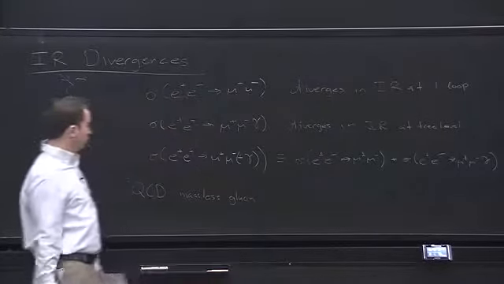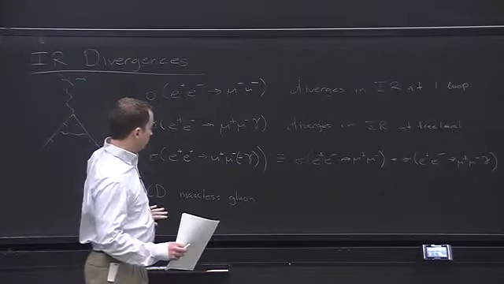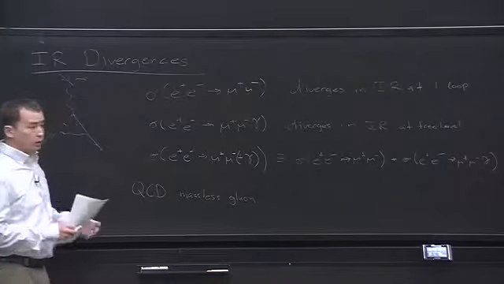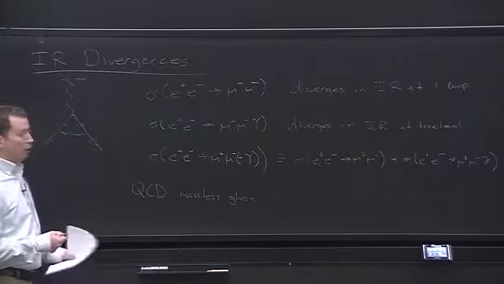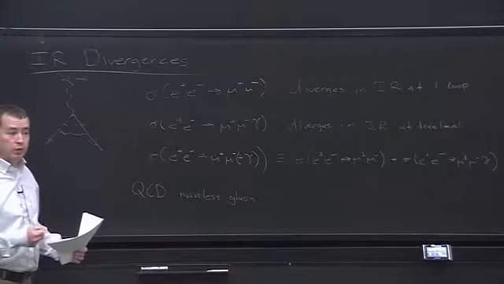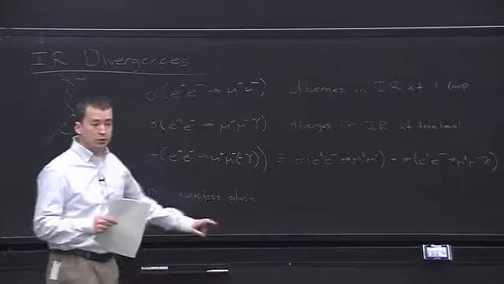But as Francois told you, or alluded to briefly, QCD is confining. So at low energies, we only observe color neutral states. Gluons are not color neutral.